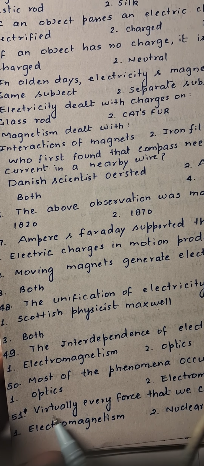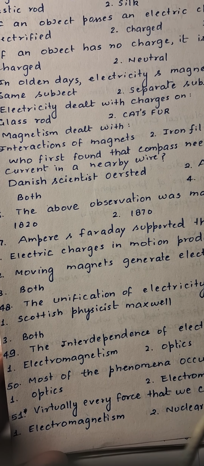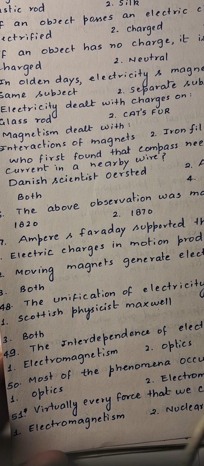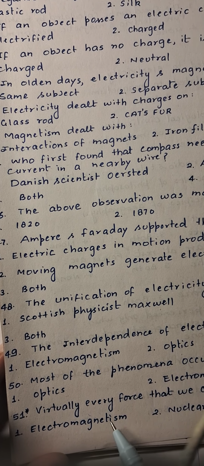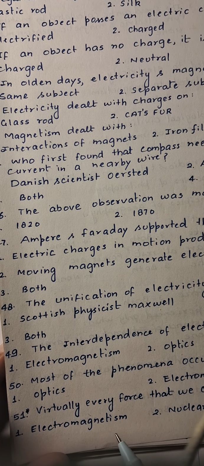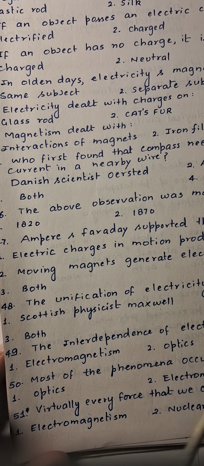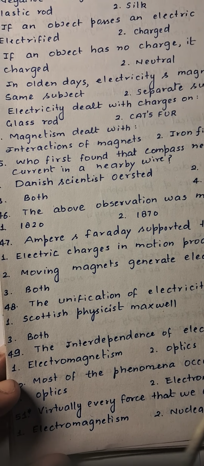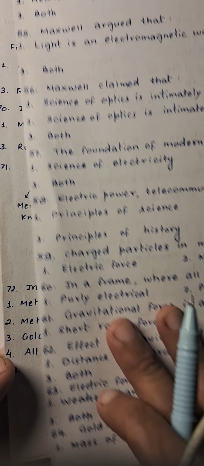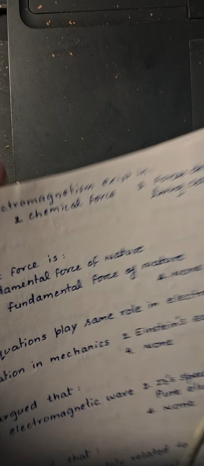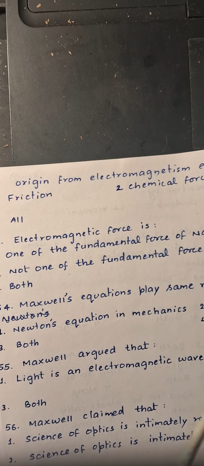Next is virtually every force that we can think of have their origin in. So virtually every force as per the lines given in NCERT, it has its origin in electromagnetism. So first is correct over here. Next is question number 52.